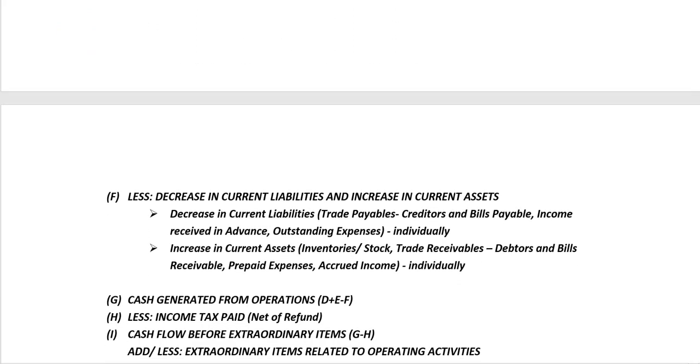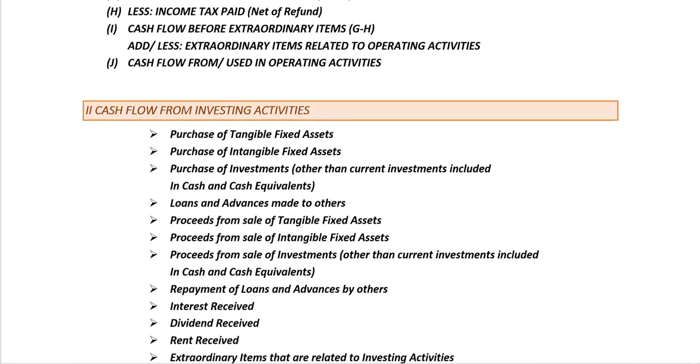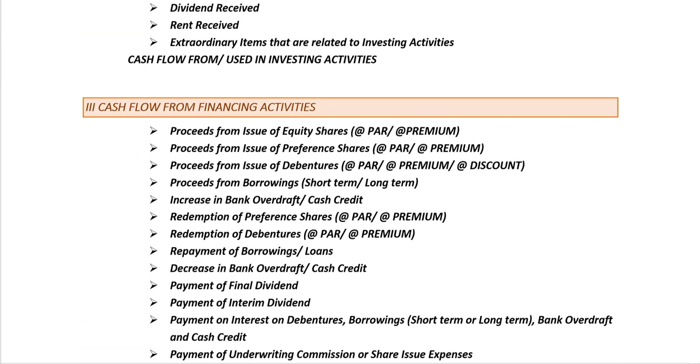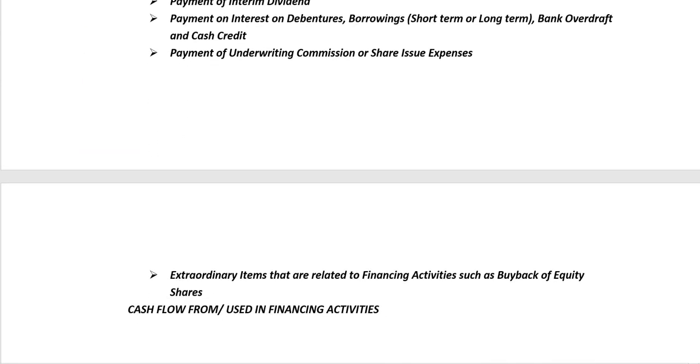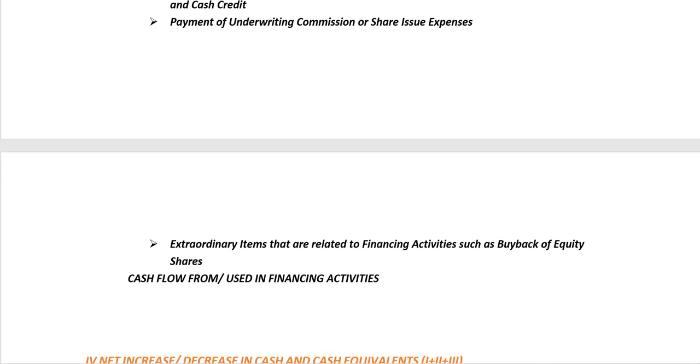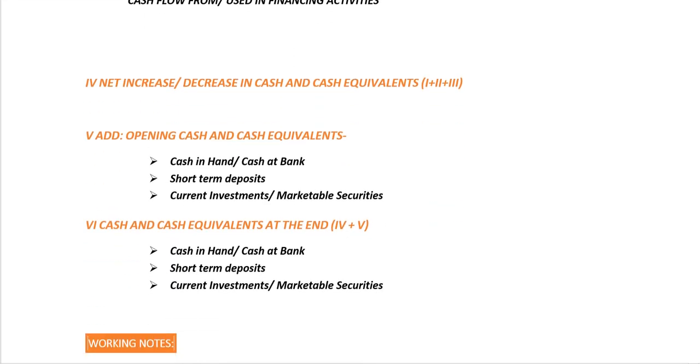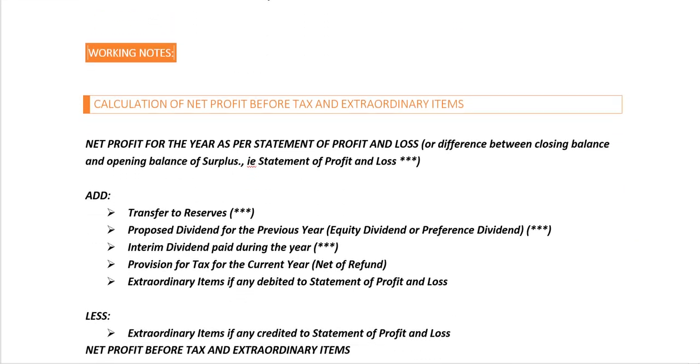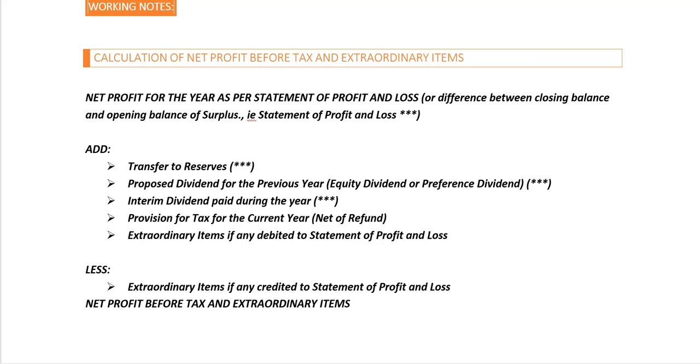So we need to give space in your answer sheet and then prepare this working note. So this is the working note 1, calculation of net profit before tax and extraordinary items.